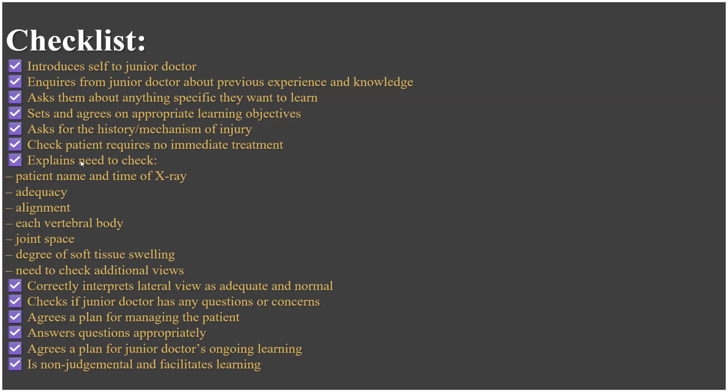Explain the need to check patient name and the time of X-ray, so patient details. Then A, B, C, D, E. A for adequacy, alignment, accuracy also. So accuracy means the patient name and the time of X-ray.